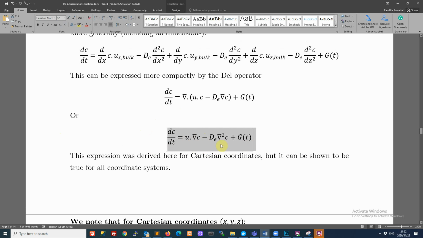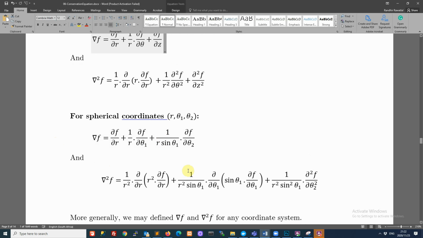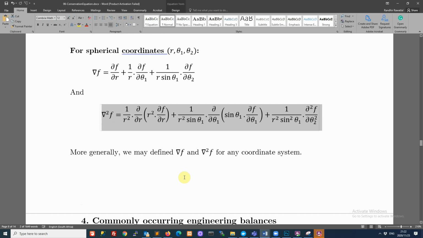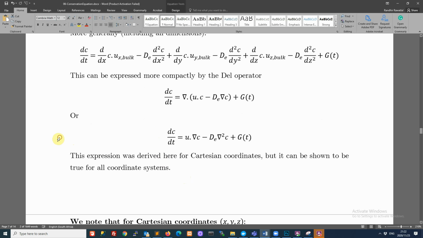It's just that if we look at particular dimensions, then this del definition may change. But we've got the same framework that applies now. And by the way, for spherical coordinates, these are the three dimensions. You have an r, radial position, and you have two angles. So in spherical coordinates, those are the appropriate variables, and the del operator looks like that, and del squared looks like that. So you see, for these three coordinate systems, we have again the same equation.